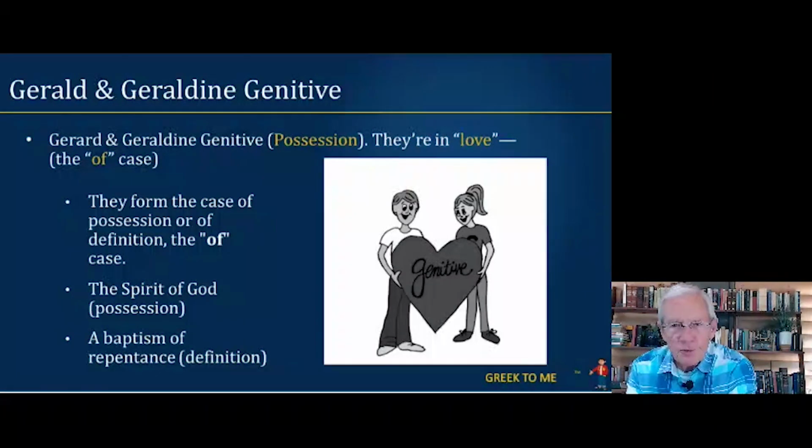Now, in terms of possession, we have the Spirit of God. Or definition, a baptism of repentance. The word of repentance tells us what kind of baptism it is. It's a repentance baptism. It's defining the baptism.